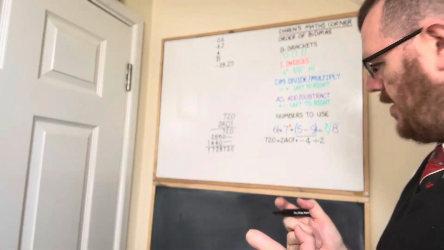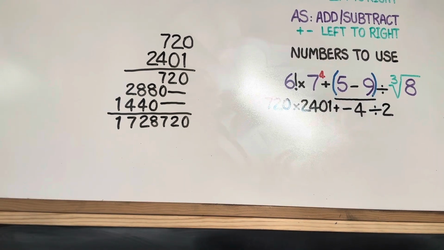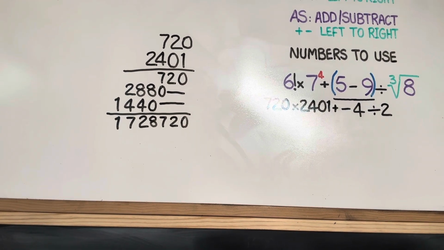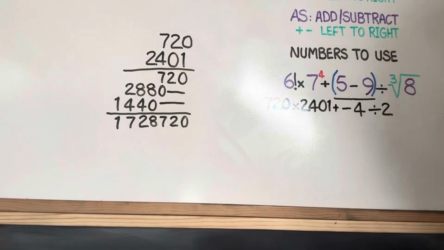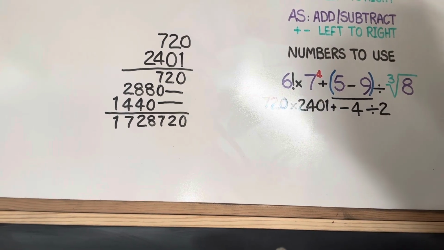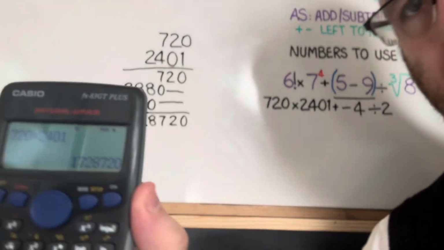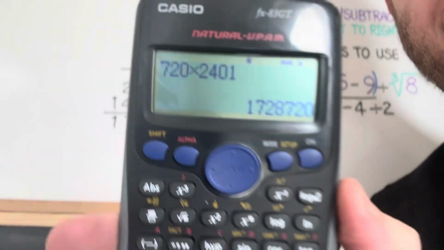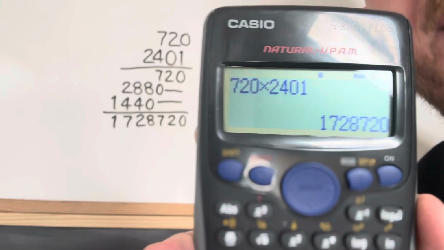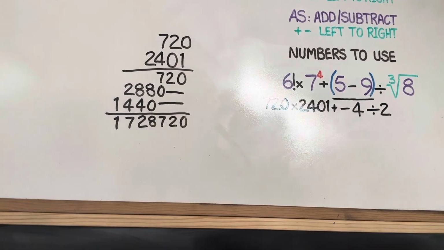Now, what I've done here, if that's correct, I will be pleasantly surprised. There's only one way to find out. So that's the answer I wrote up on the board. And that's the answer that's showing up on the calculator. I'm absolutely spot on.